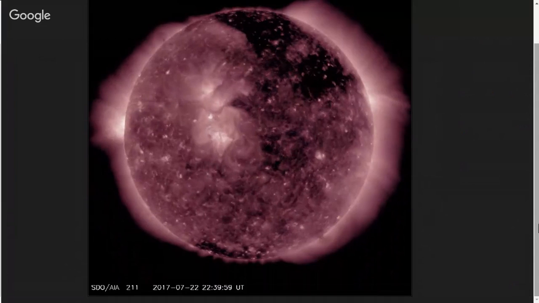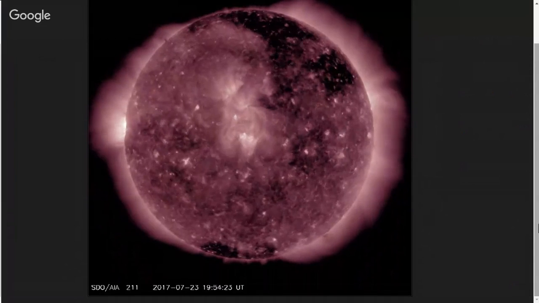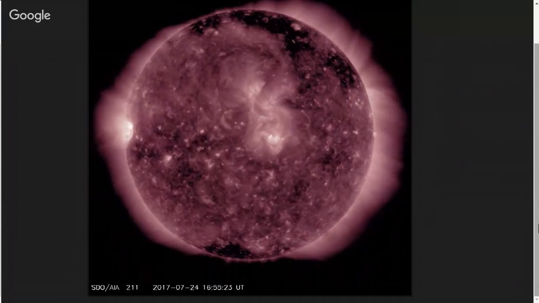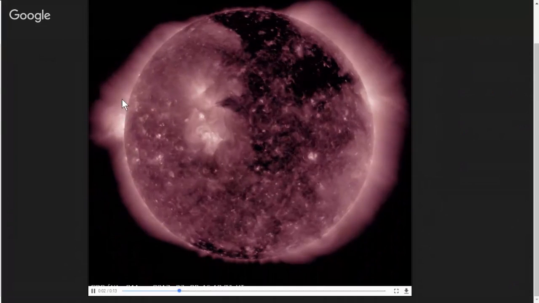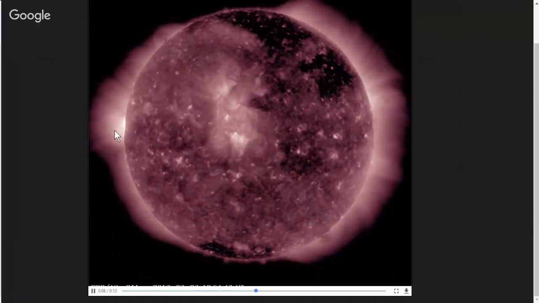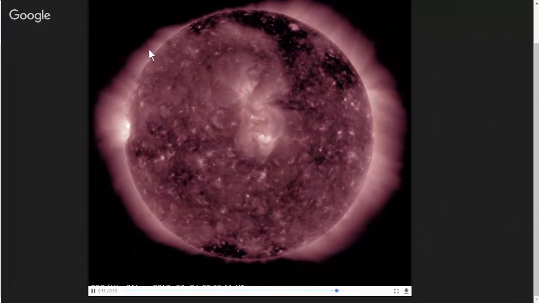I think we do still have some strange things going on. If you look at about 10 o'clock, you see that there's something going on there. There's a lot of solar flaring, a lot of filament action right here. You see a couple of these prominences up here.